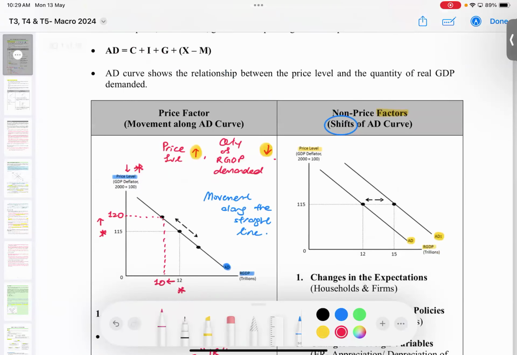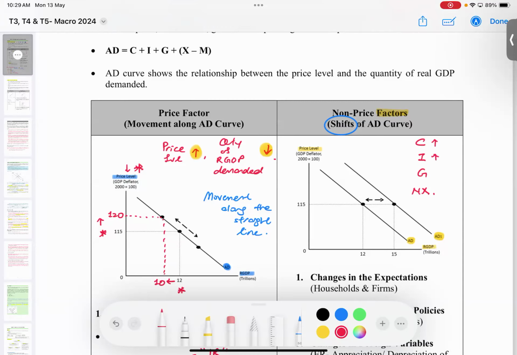In aggregate demand, you have four components, which are C, I, G, and X. As long as any of these components increase, let's say people have more income, they start to spend more. People are optimistic about the economy, so they invest more.